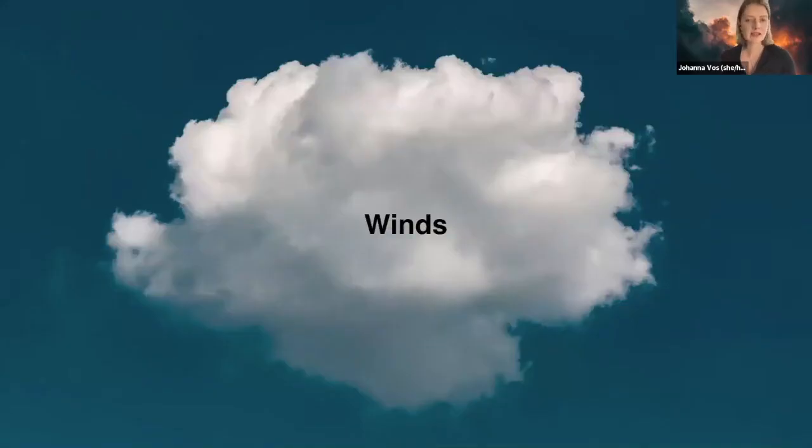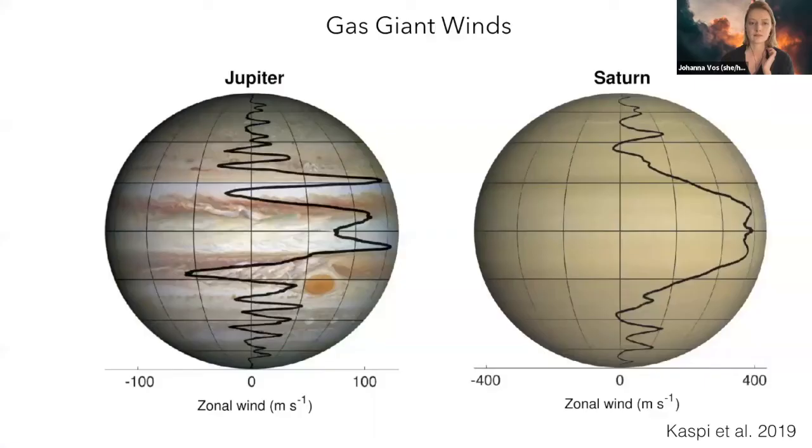And for the last part of my talk, I'm going to talk about some very recent efforts we just finished to try and determine brown dwarf wind speeds. Okay, so looking at the gas giants for inspiration, for both Jupiter and Saturn, measuring wind speed isn't particularly taxing because we can pretty easily resolve Jupiter's atmosphere.